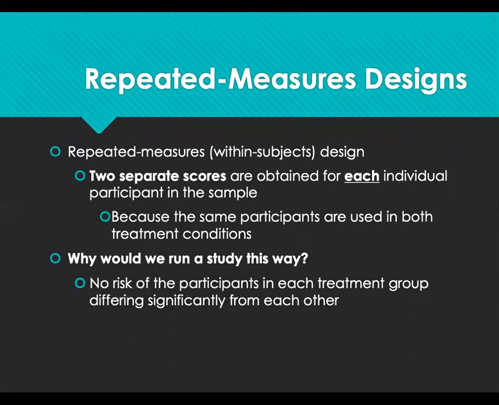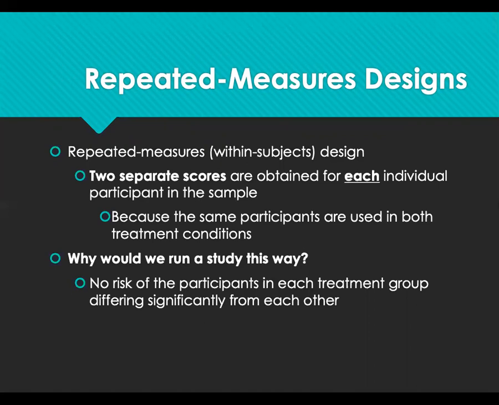With a between subjects design, because you're using 2 different participants, it's harder to say definitively, if you see a difference between group 1 and group 2, or level 1 and level 2, is it because of the treatment that you provided? Or is it because the participants in the second group just happen to do better, right?